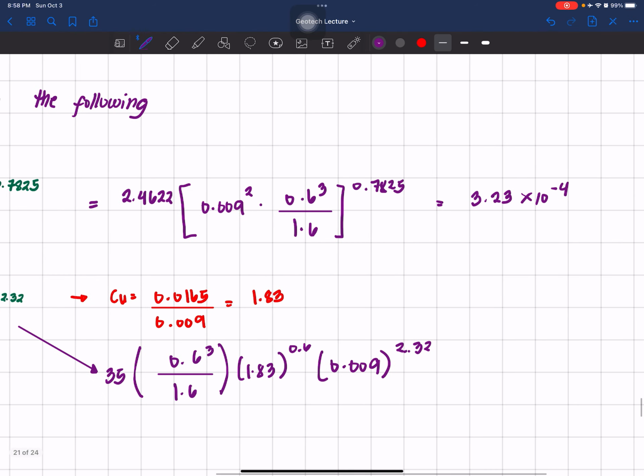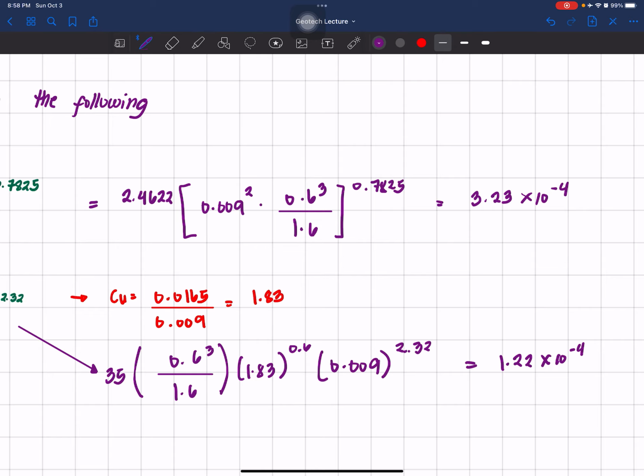So, the value of my K in here is, wait lang guys, input ko lang siya sa calcu. I think it's 1.2122 times 10 to the negative 4. Okay?